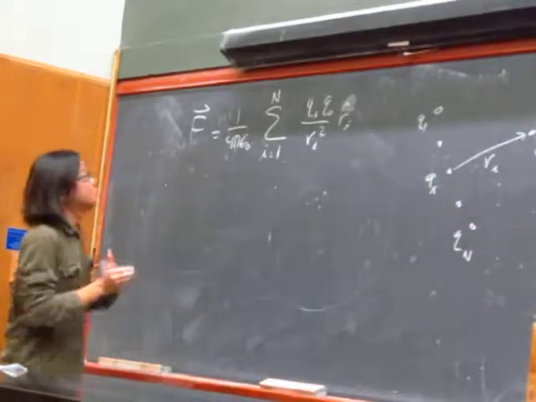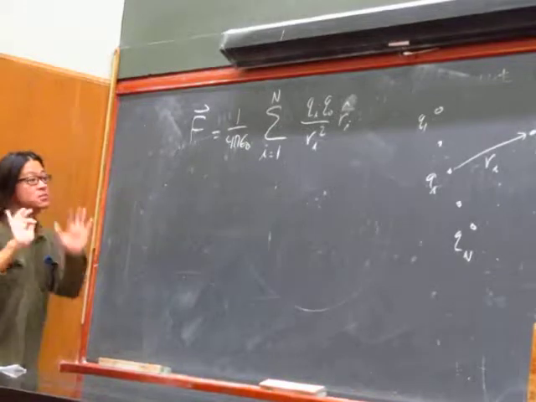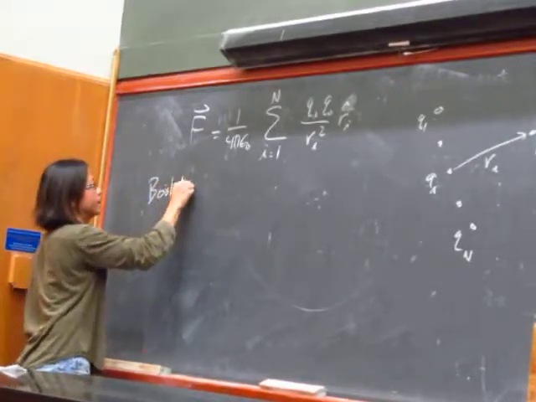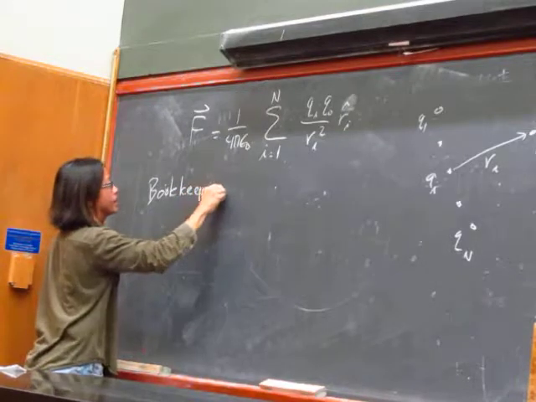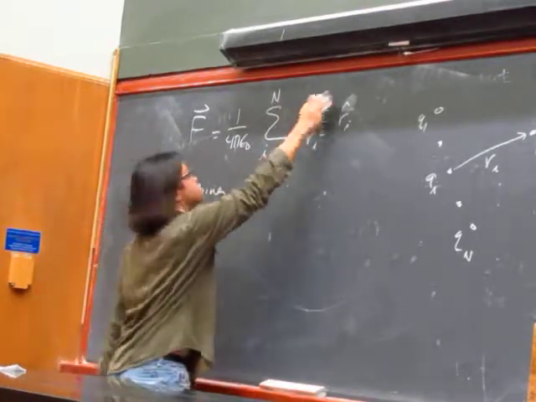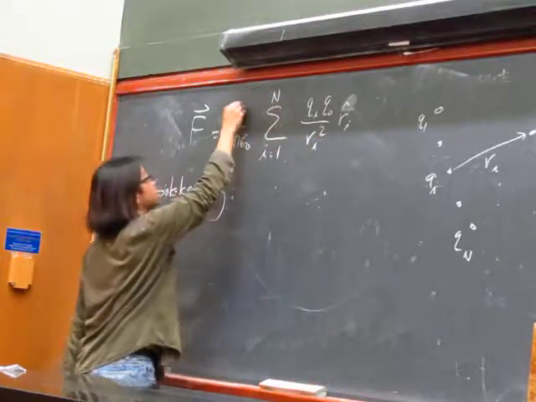Okay, now this is just a matter of bookkeeping. Since Q naught is constant, let me bring it outside.